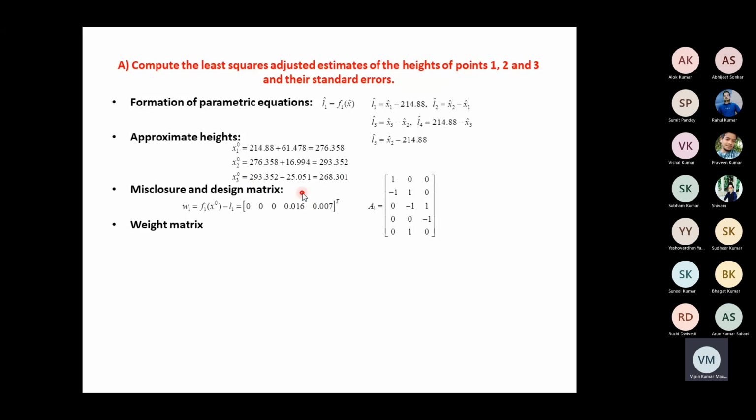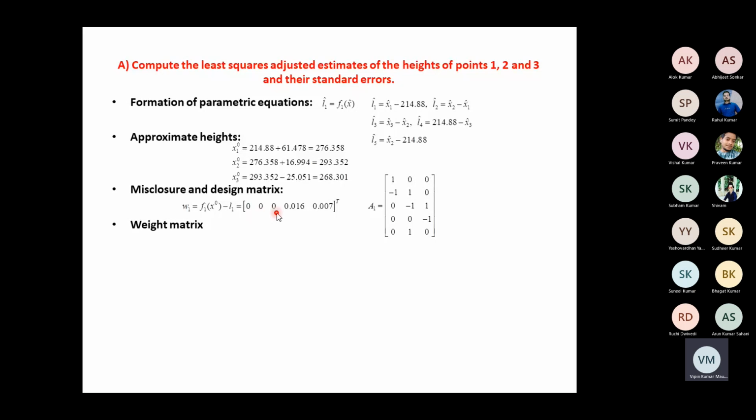We can see in the tables also. Those will be different, because observations may be taken for the same type of things. Suppose HA minus H1 is taken 3 times. It will be different all the time, very slightly. It may be 0.0001, but it will be different. It depends on the instrument. So it is not an issue for us, because we have defined x1, x2, and x3 using simple equations. That's why we are getting 0 and 0.